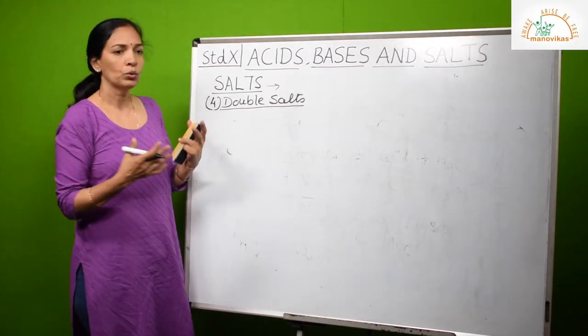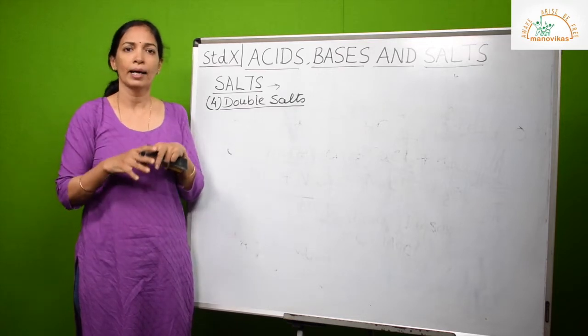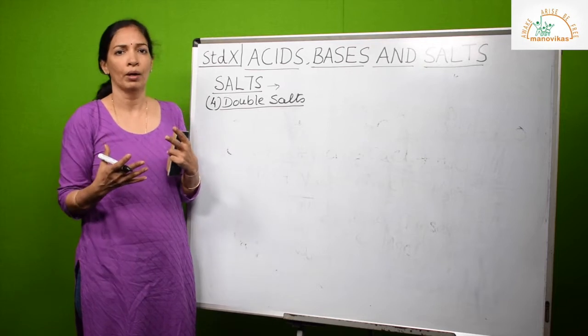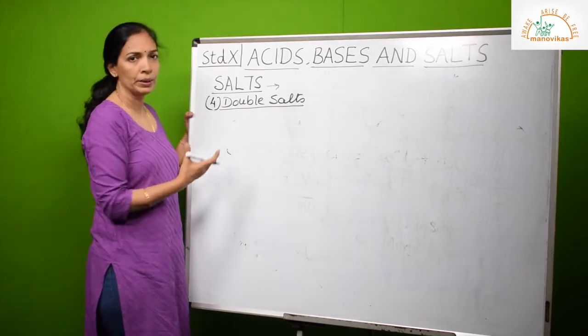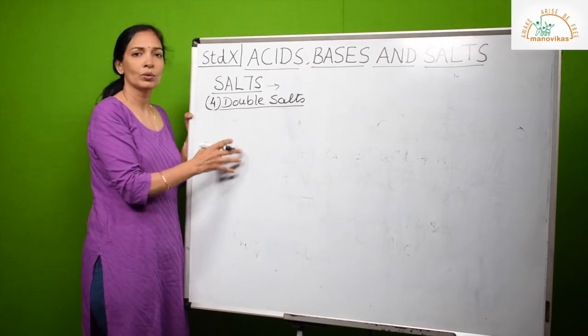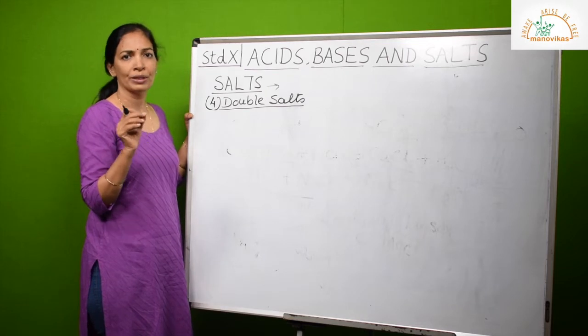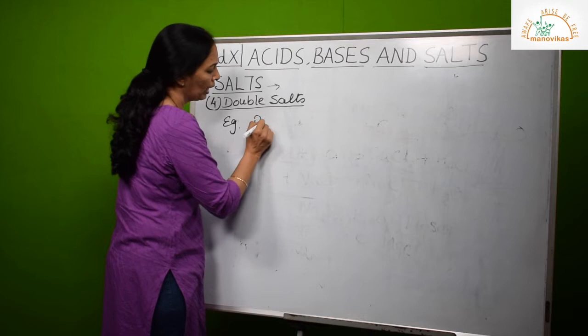For example, two salt solutions are prepared, both saturated solutions are mixed and subjected to crystallization. So crystals will come out after some time, and that kind of salt is called a double salt, and this salt will be associated with some number of water molecules, water of crystallization. The example of double salt, potash alum.